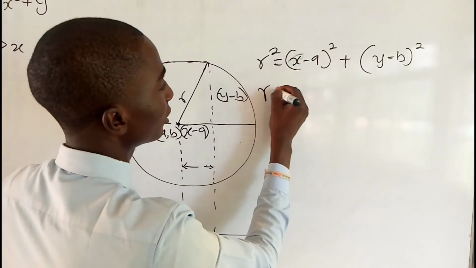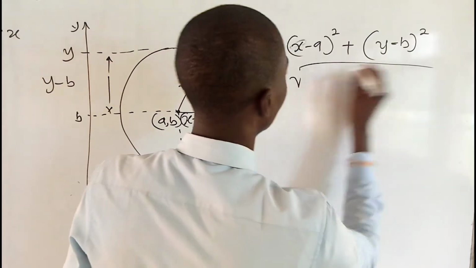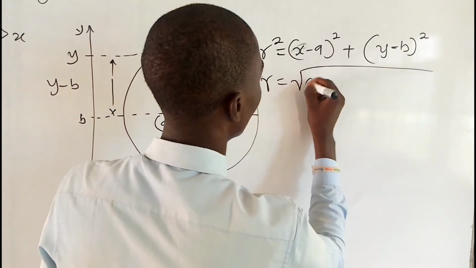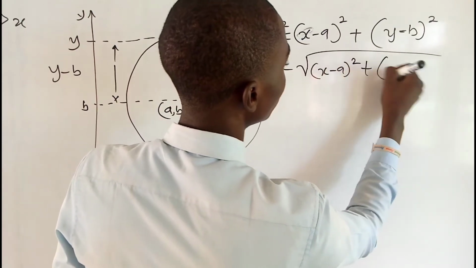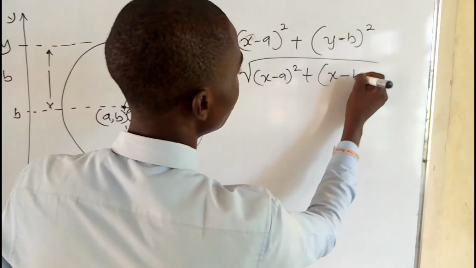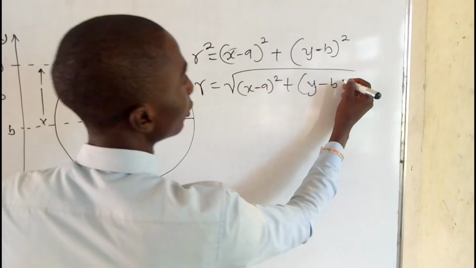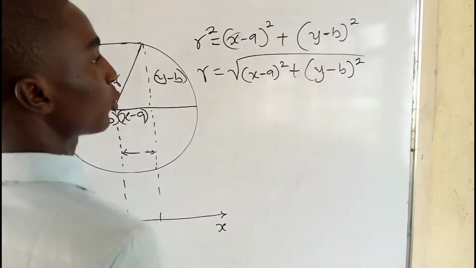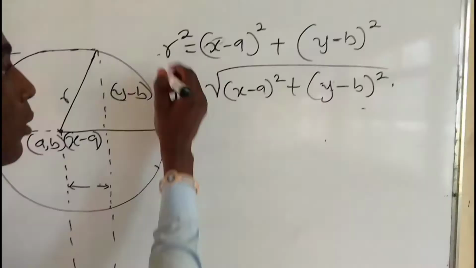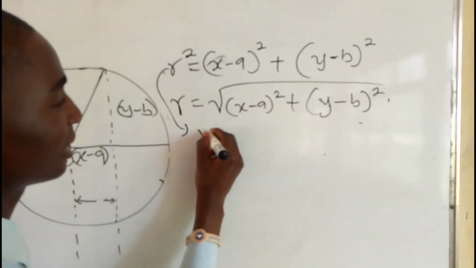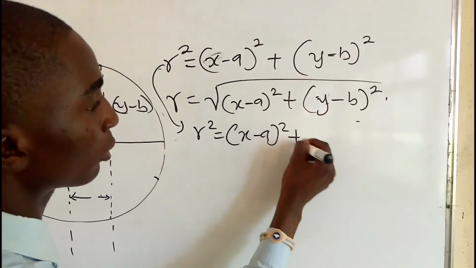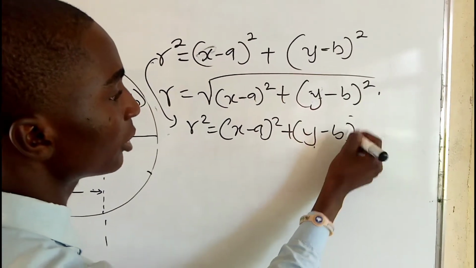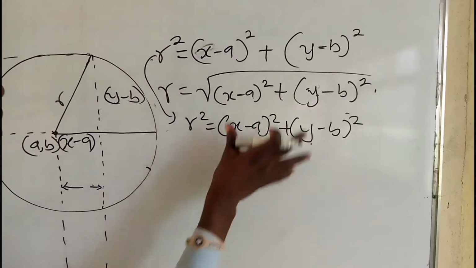That is, our r is equal to the square root of x minus a all squared plus y minus b all squared. Now, taking this to this point, I'm having r squared is equal to x minus a squared plus y minus b all squared.